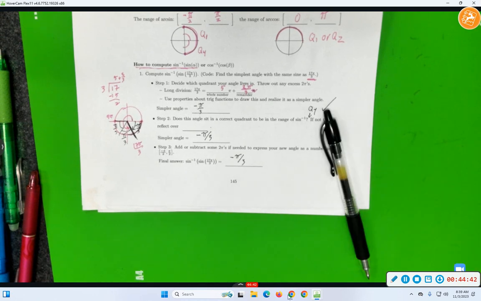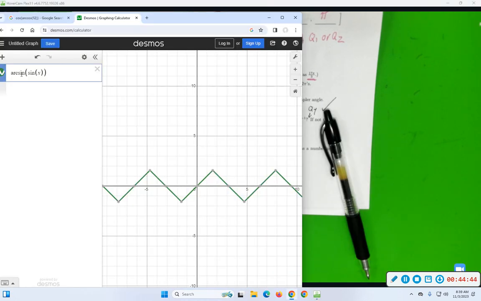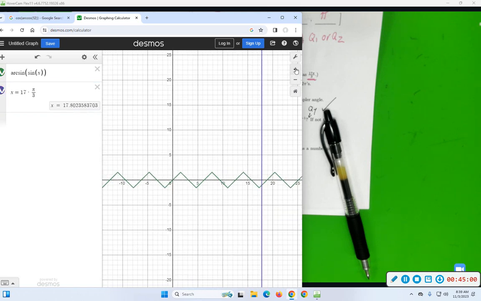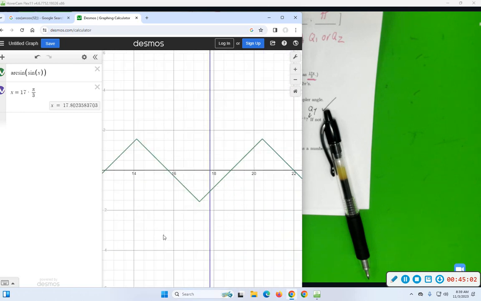To check that, let's maybe even look at a graph. We can graph the inverse sine of the sine of x. There it is. I want to see what happens when x is equal to 17 times pi over 3. Let's see where they cross.